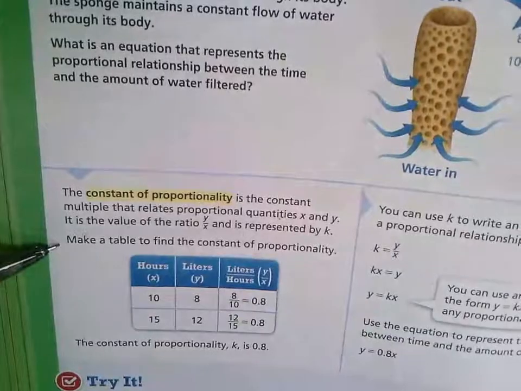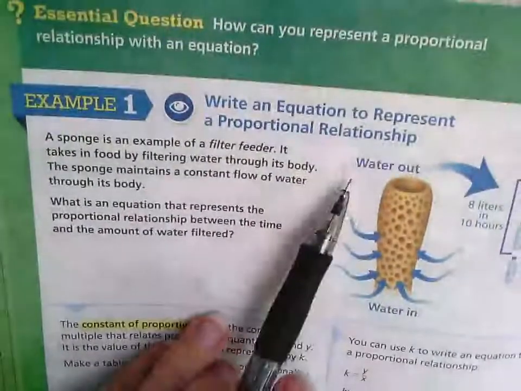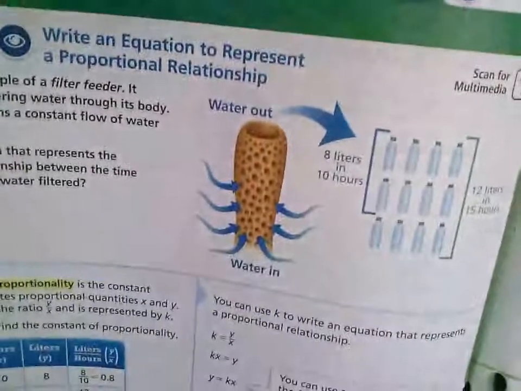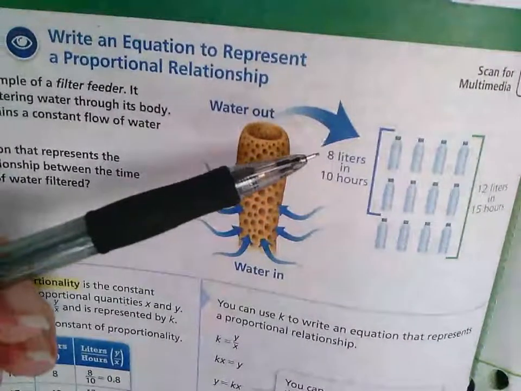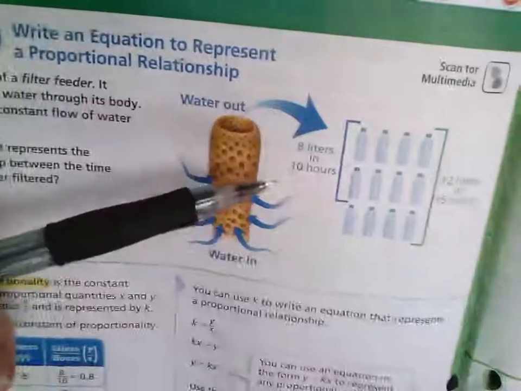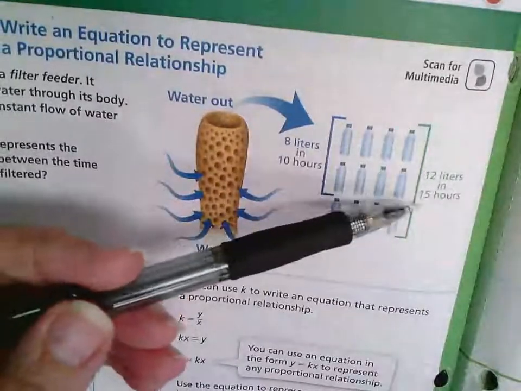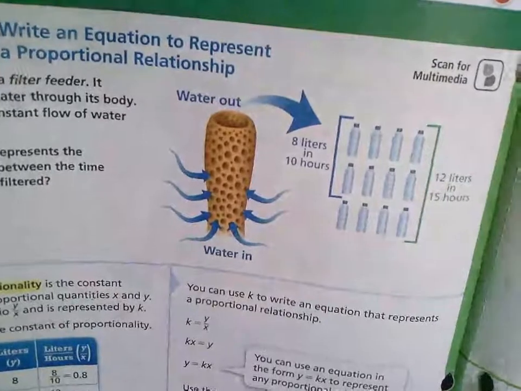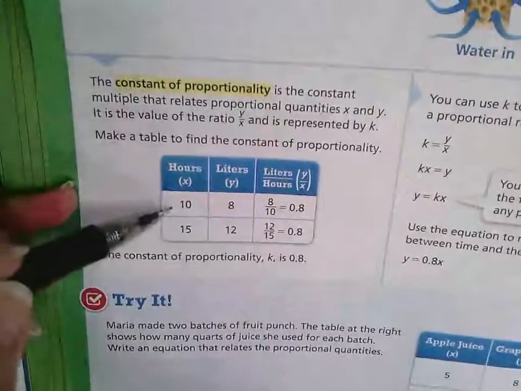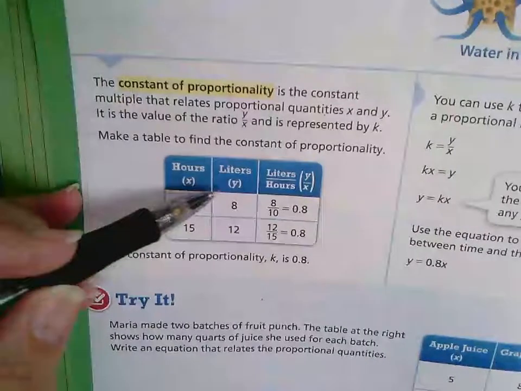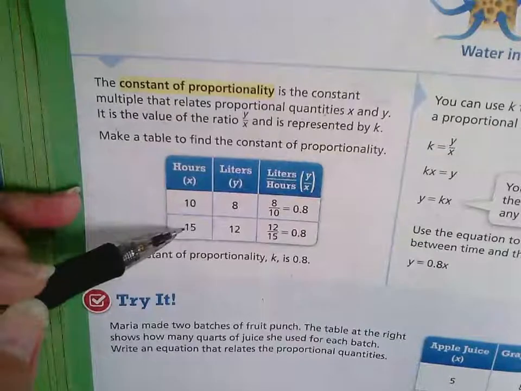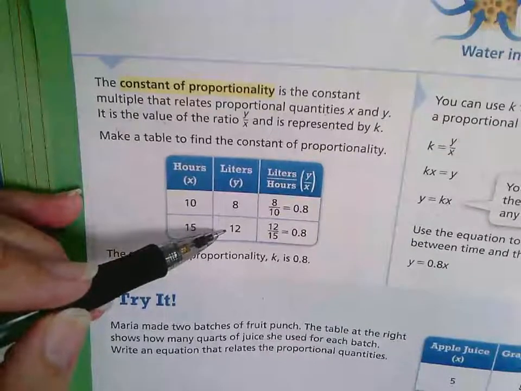So when we look at the sample that they had up here with a sponge and the amount of water that it takes in, in liters, in a certain amount of time, they had two different quantities for us. We looked at that in terms of a table, and in 10 hours it took in 8 liters, and in 15 hours it took in 12 liters.